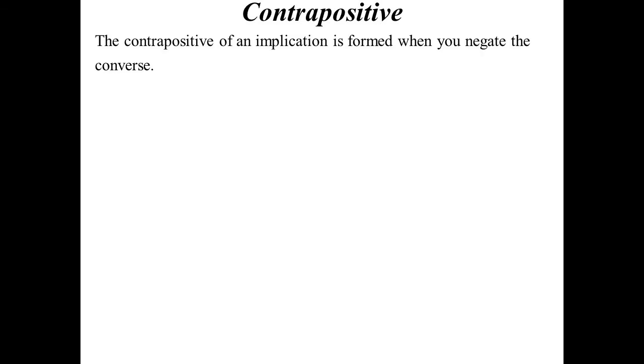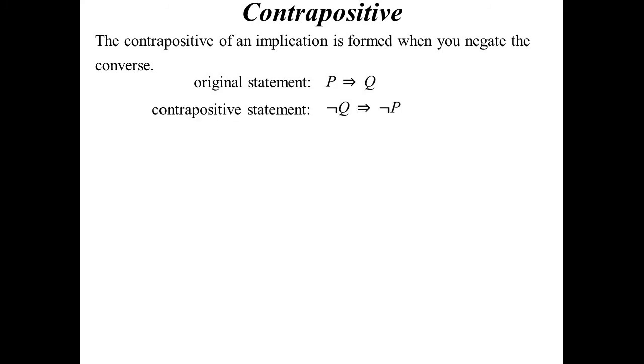Now, this might be a new one. Contrapositive. The contrapositive of our implication is when you negate the converse. So if the original statement is P implies Q, then the contrapositive statement is not Q implies not P. So negating the converse.